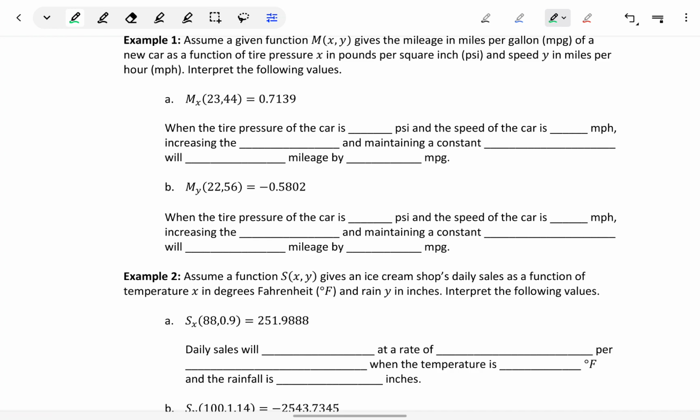What these results tell us is that when the tire pressure of a car, which is our x value, is 23 psi, and the speed of the car, which is our y value, is 44 miles per hour, increasing one of the two variables, in this case our x variable since that's what we're differentiating with respect to, so we're increasing the tire pressure, and maintaining a constant speed.